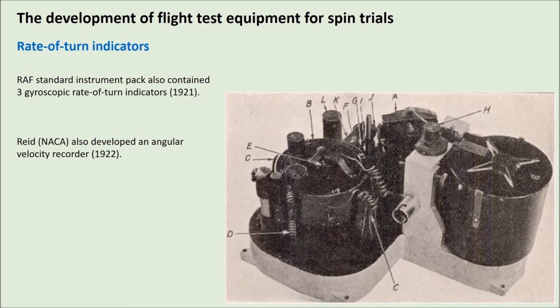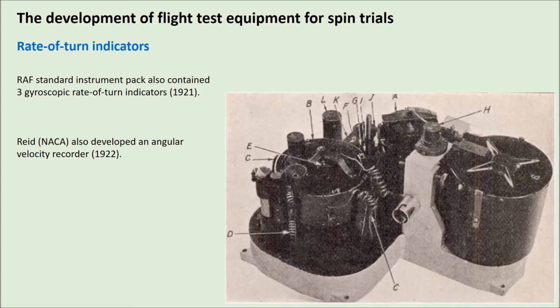So this RAF rate of turn indicator allowed the angular velocity about the three principal axes to be recorded pretty accurately, and this was documented for the first time by Hardy in 1921.